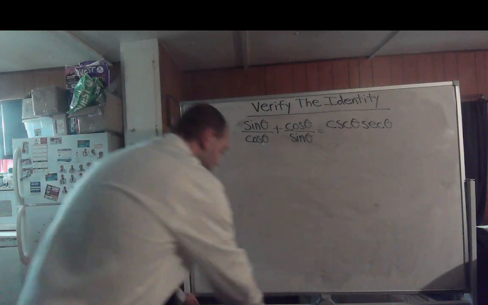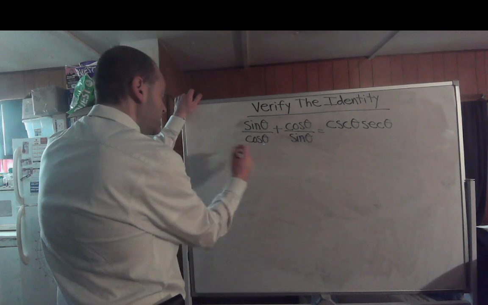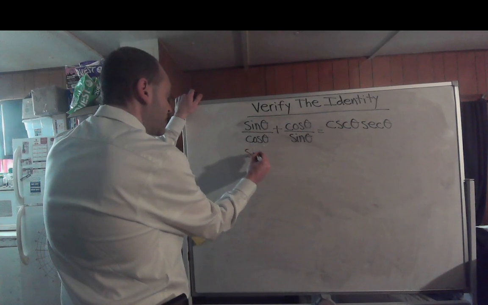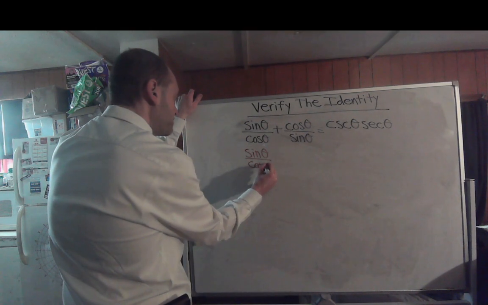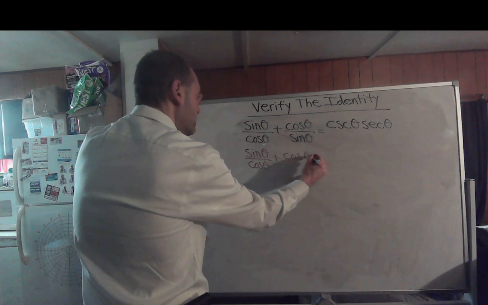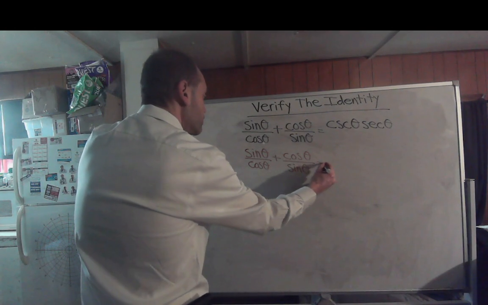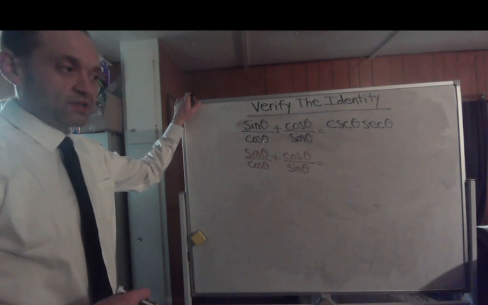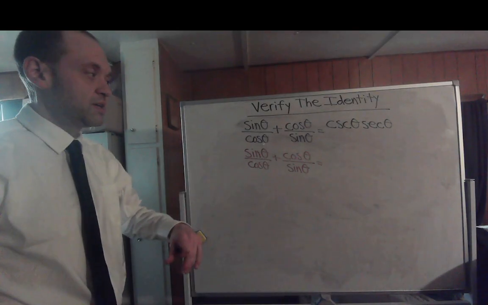So let's go ahead, start out by writing out our left-hand side. So this is going to end up being, of course, the original sine of theta over the cosine of theta plus the cosine of theta all over the sine of theta. Well, our goal should definitely be to get the same denominator, right? This common denominator would obviously be sine of theta, cosine of theta.